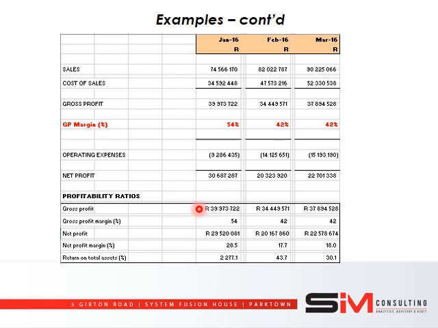When you compare the two, you can see the gross profit of January is higher than the gross profit of February. It doesn't show you a good picture because it gives you a negative sign, which means the gross profit is declining.